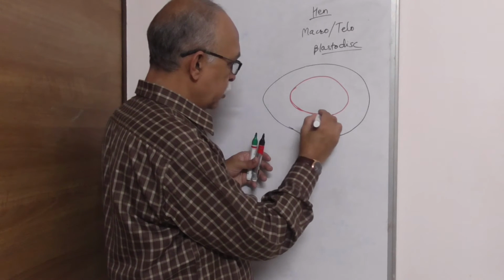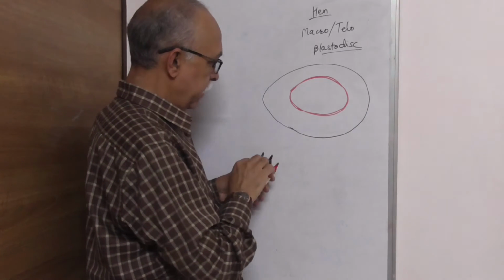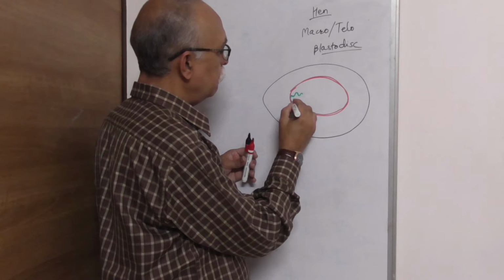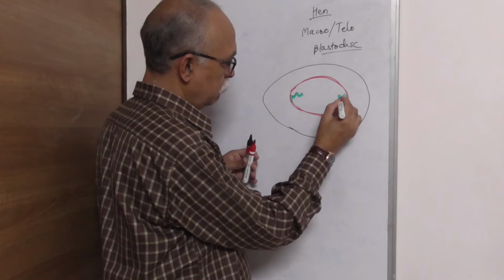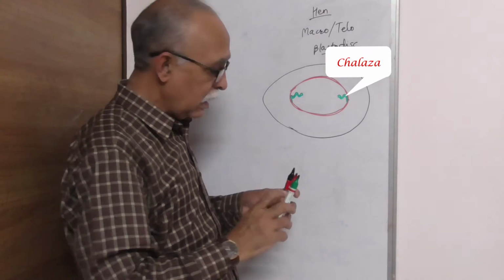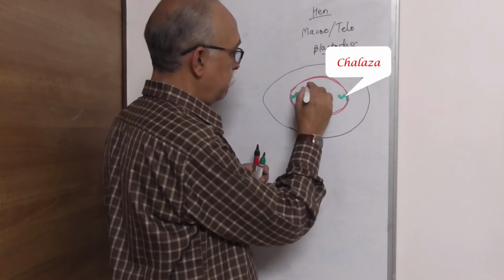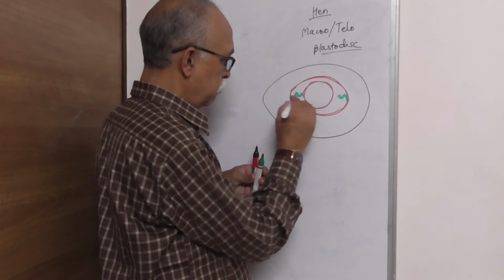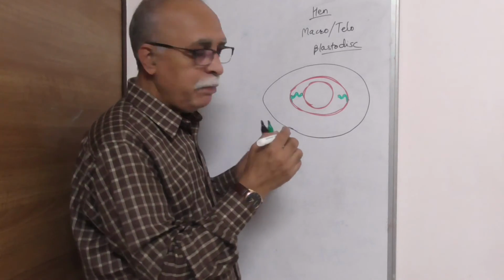There is an additional covering next to it. This region is marked as chalaza. Then this is the central region where embryonic development would be taking place.